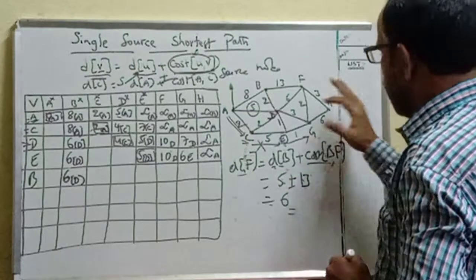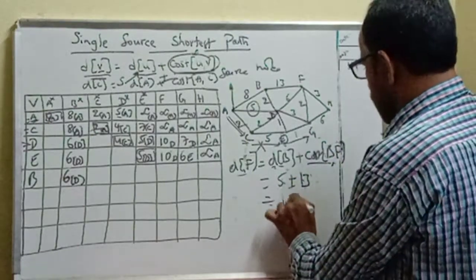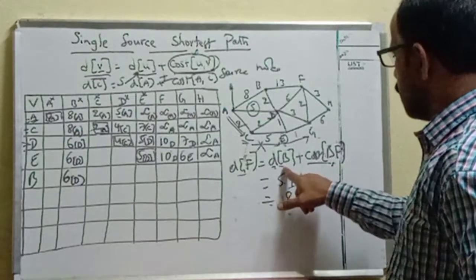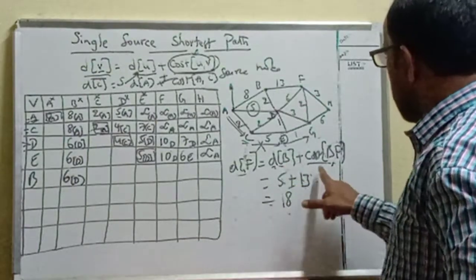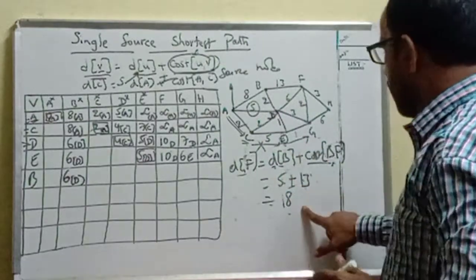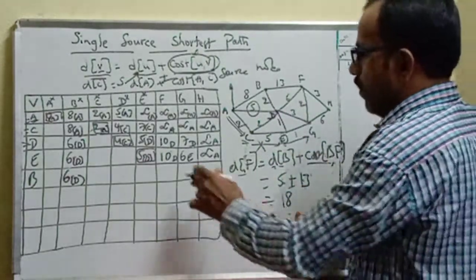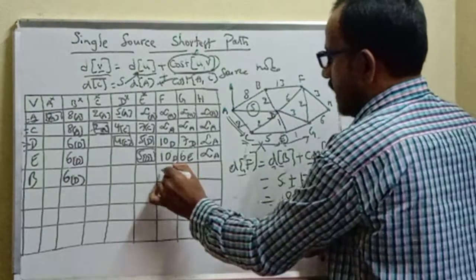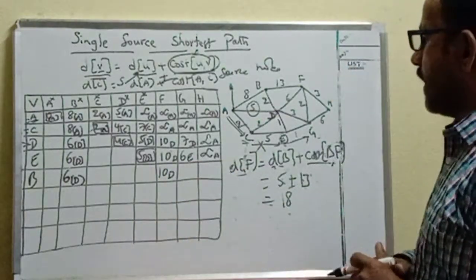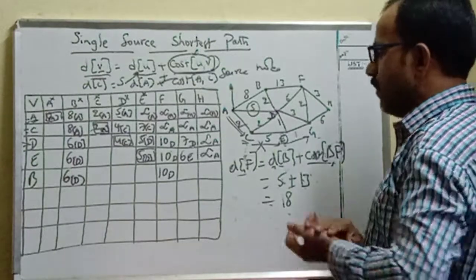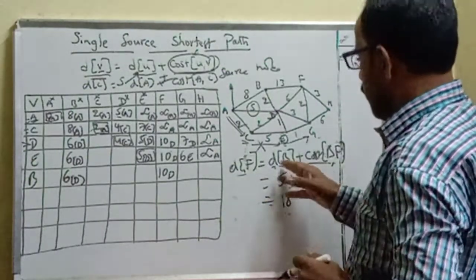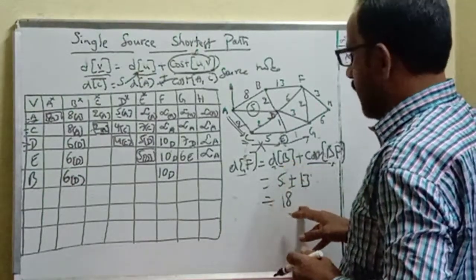The shortest distance from source to B is 5 units, and the cost of B comma F is 13 units. 13 plus 5 is 18. But what was the earlier value? Earlier value is 10. Still 10 is smaller. No need to travel via B, because via traveling D we got the smallest number. So that is still the lowest value, and we cannot consider this number 18.